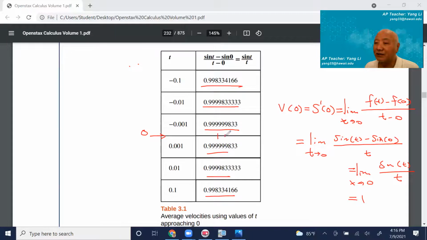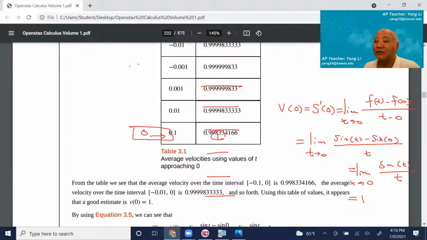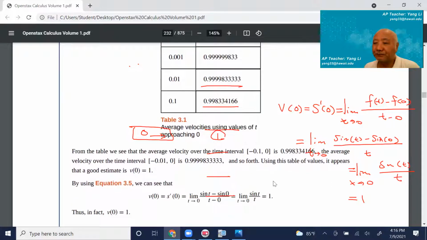So that's why this equals 1. So this part is about how we use the table to find the instantaneous velocity at t equals 0. Of course, this is just an estimation. If you use the equation as I wrote here, you can directly get that this equals 1, because this is a formula.